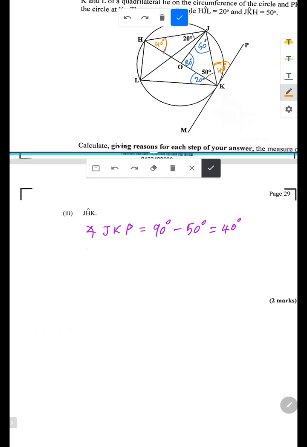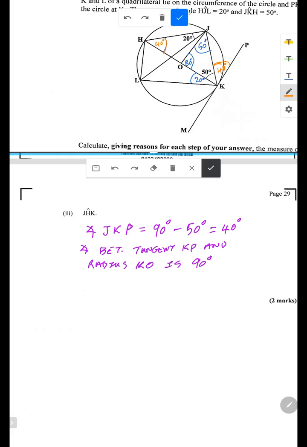The reason for that is that the angle between the tangent KP and the radius KO is 90 degrees. A piece of it is already 50, so the rest of it must be 40.